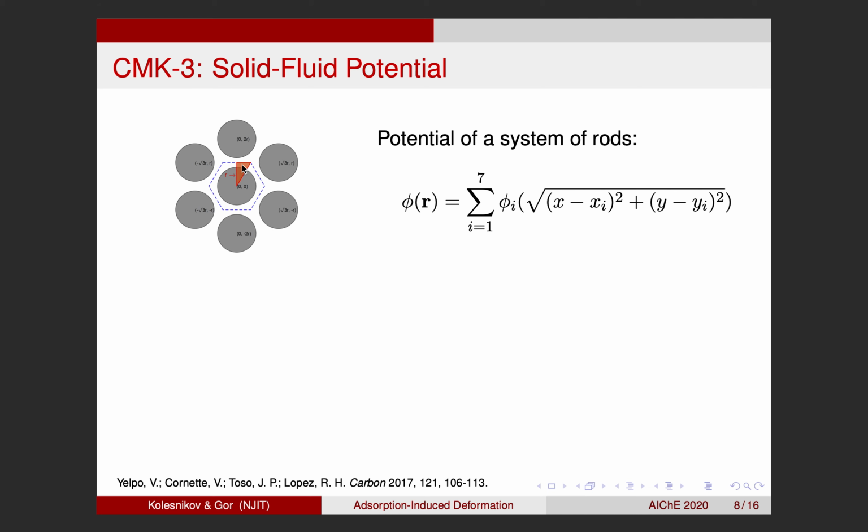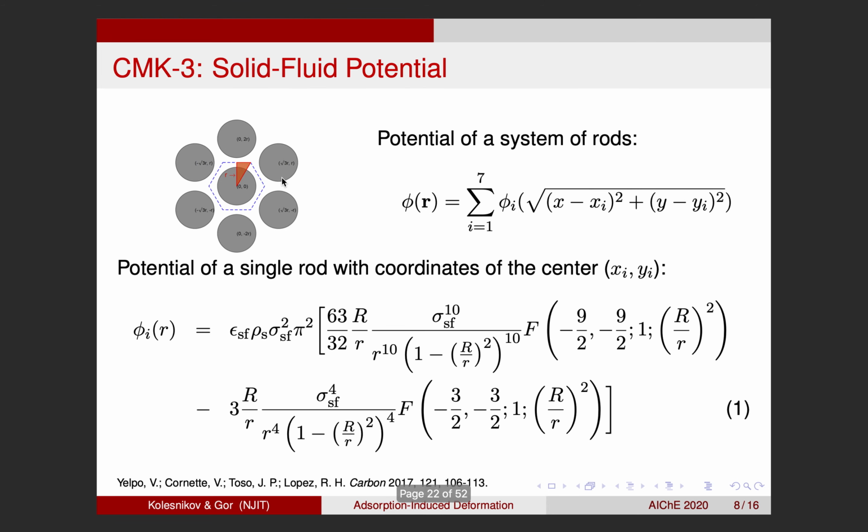However, in this domain, we consider also the effects from other rods, not just from this rod, but from the neighbors as well. And the solid-fluid interaction potential is given by this expression, used previously in works on molecular simulation, for example. There was a recent paper with grand canonical Monte Carlo simulation in this system, taking into account the geometry.